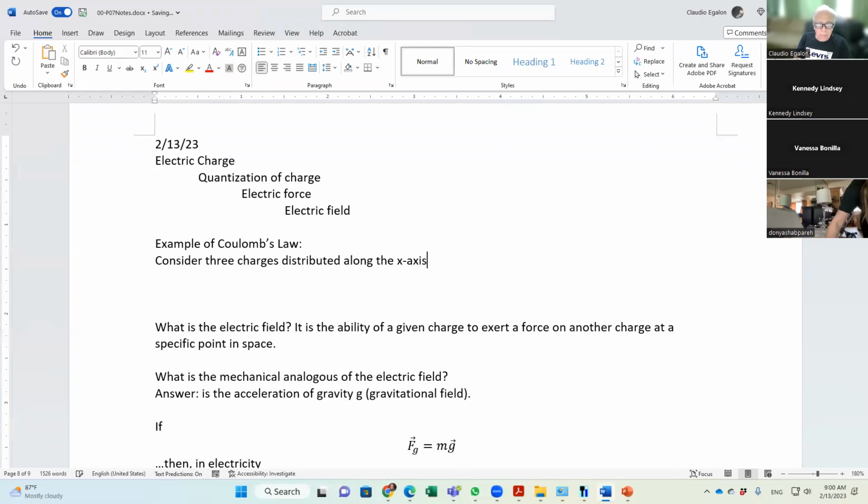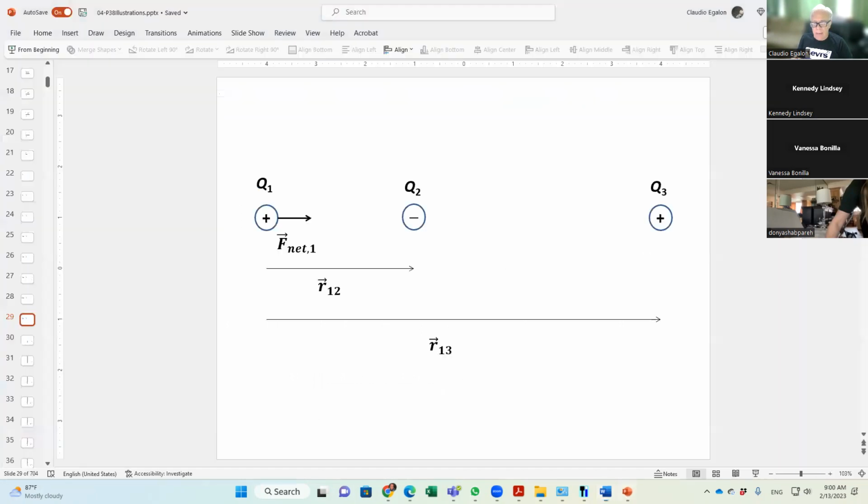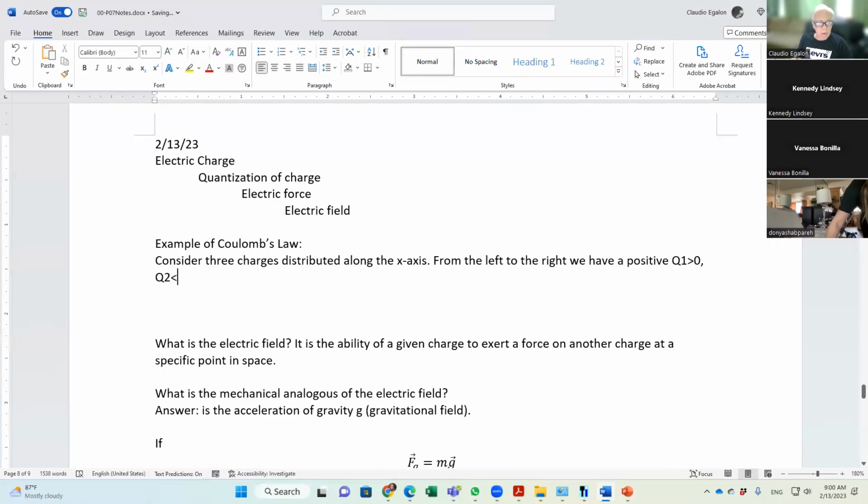From left to right, we have a positive charge Q1 greater than 0. Q2, going back to our illustration, is going to be negative, so the negative sign is already implicit in the value of the charge Q2. And Q3 greater than 0.